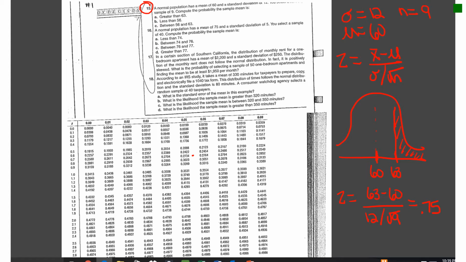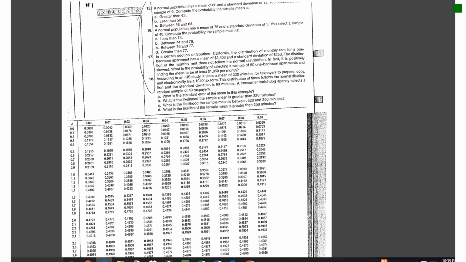So you would take 0.50 and subtract 0.2734, and that's going to give you about 0.2266 as your answer. So you do it just like we did in chapter 7, except now we've got this new equation. So now let's do part B.